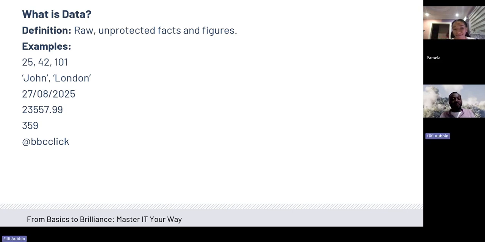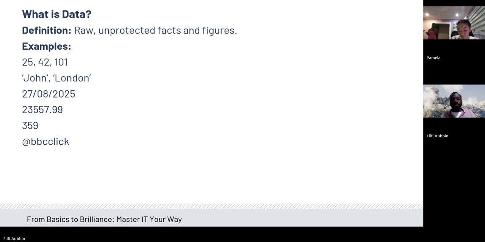Okay. So let's see. We say data comes in raw, unprocessed facts and figures. The raw, unprocessed facts and figures is what we term as data.